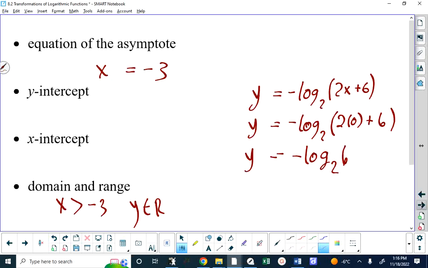But you don't know how to find log base 2 of 6. You just know that it's a number somewhere between 2 and 3, because log base 2 of 6 is the exponent to which you raise 2 to get 6. 2 to the 2 is 4, which is not 6. 2 to the 3 is 8, which is not 6. But somewhere between 2 and 3, we will get 6. So all we know is this y-intercept is somewhere between negative 2 and negative 3.